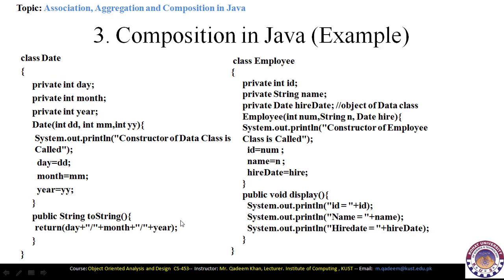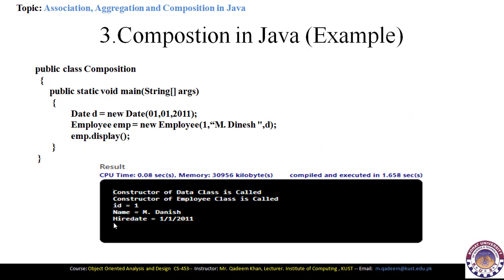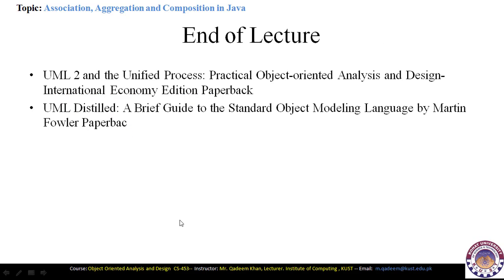You can see that the hire date constructor is called and implemented here, so hire date is equal to 1, 1, 2000.